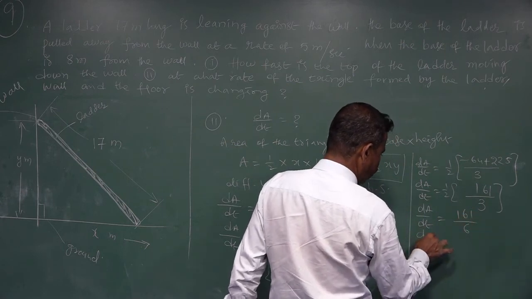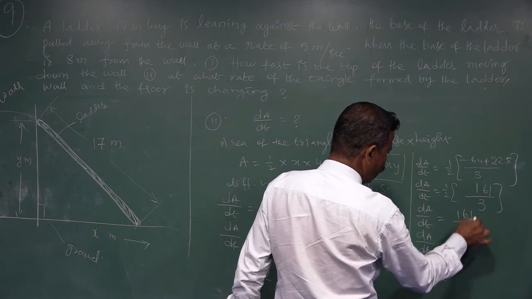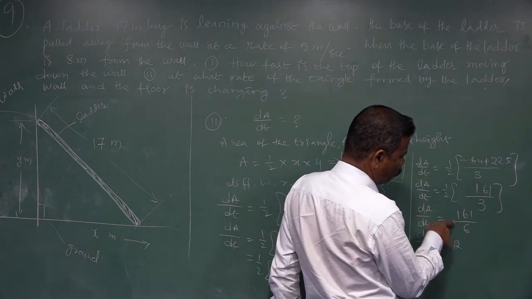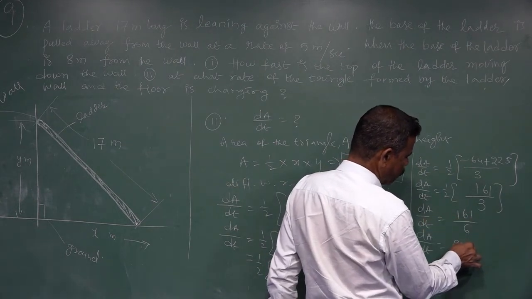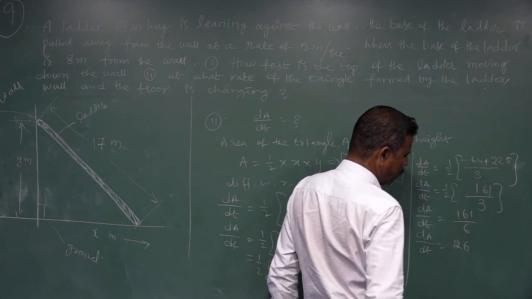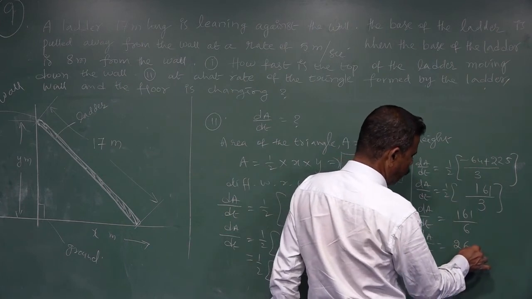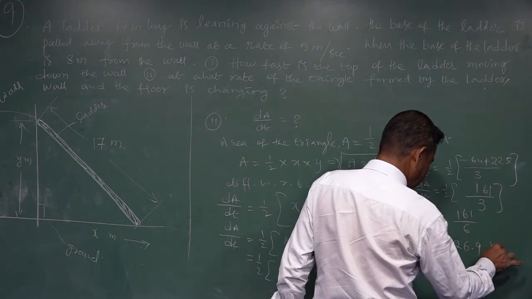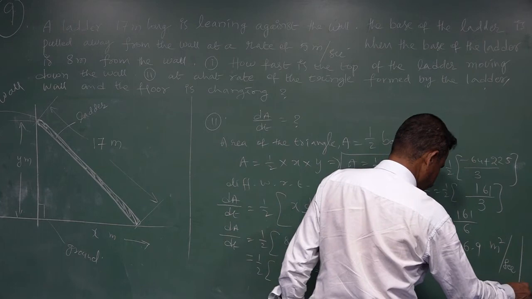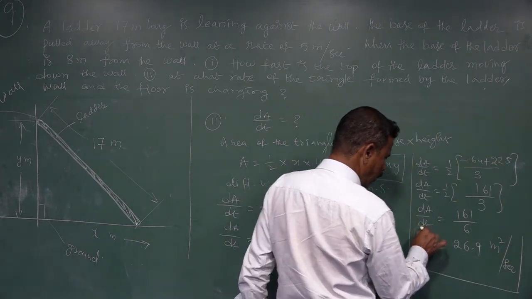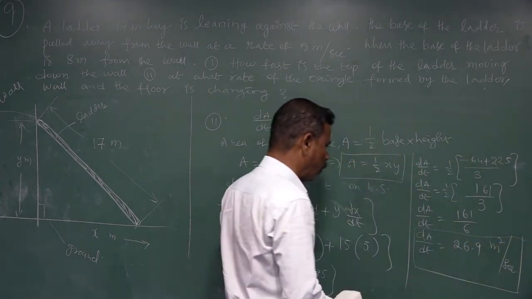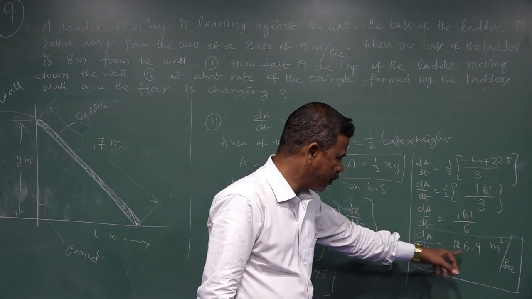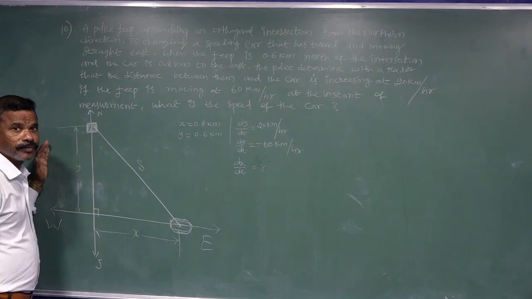Approximately, dA by dt is nearly 26.9 meter square per second. Area in meter square per second. So the rate of change of the area of the triangle is 26.9 meter square per second.